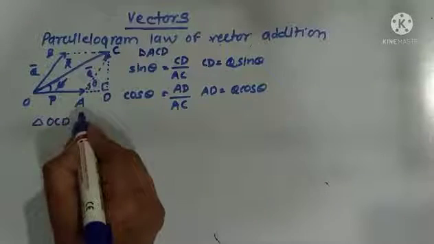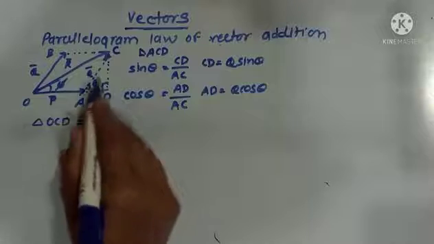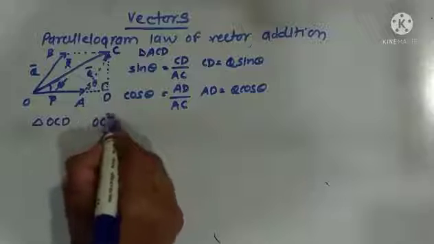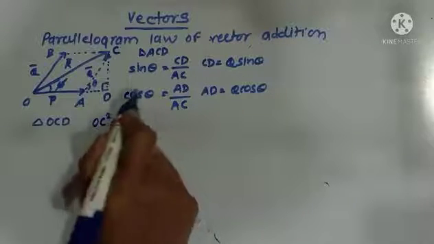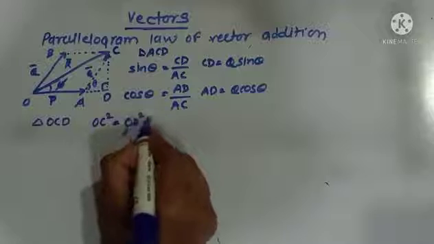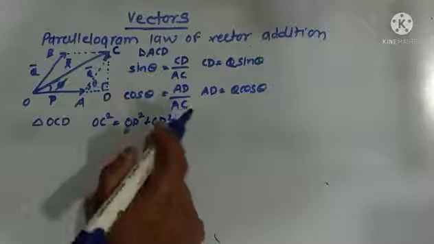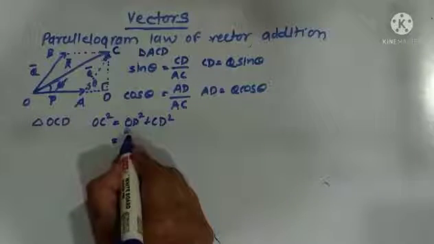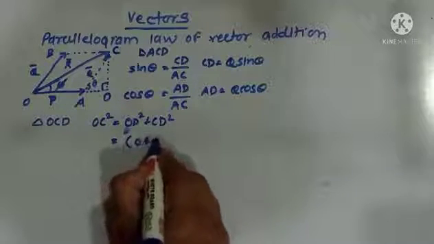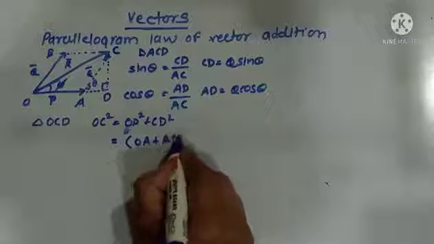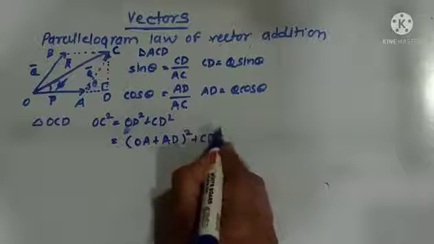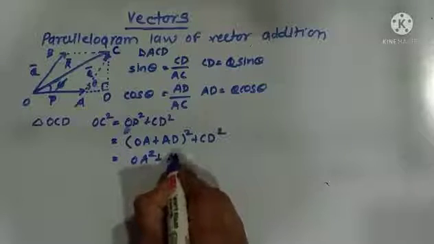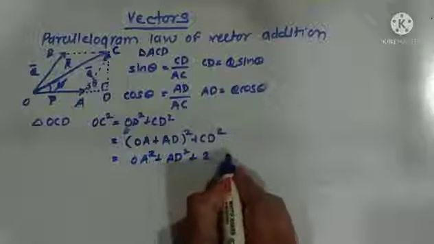In this bigger triangle OCD, as this is a right angle triangle, I can write OC square is equal to OD square plus CD square. This is according to the Pythagoras theorem. So OD square, I can write as OA plus AD, whole square, plus CD square.